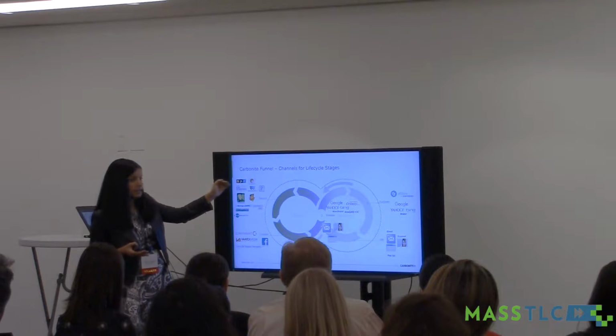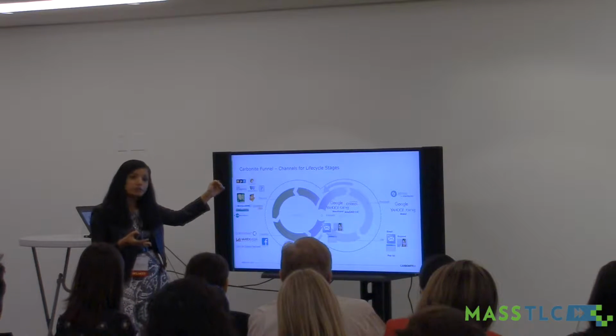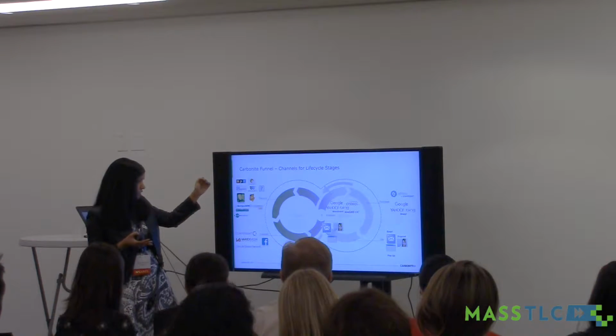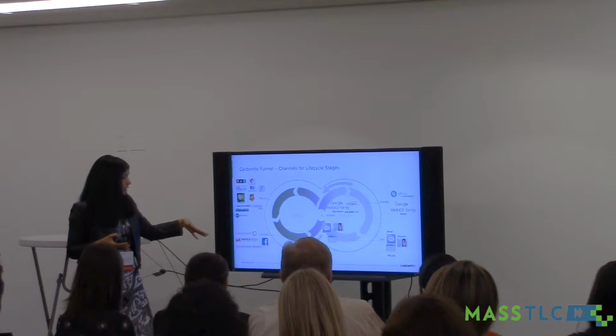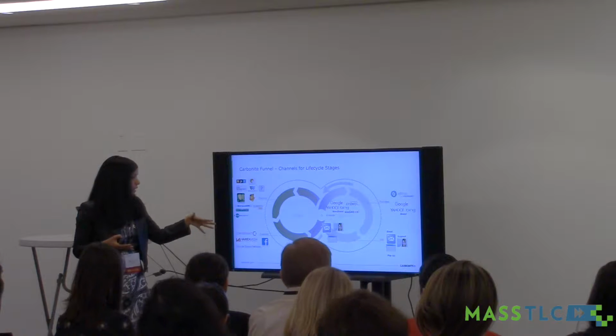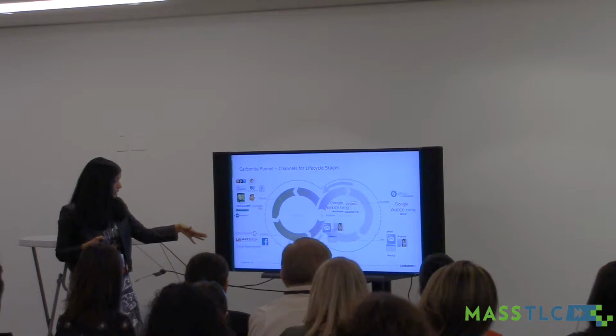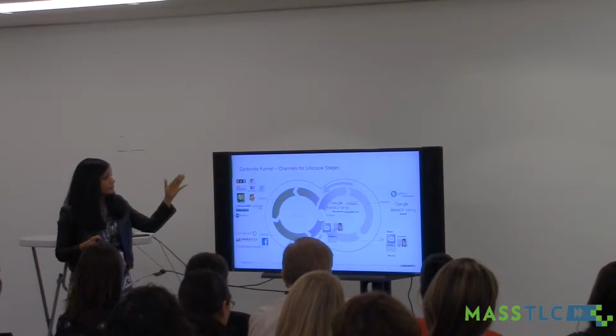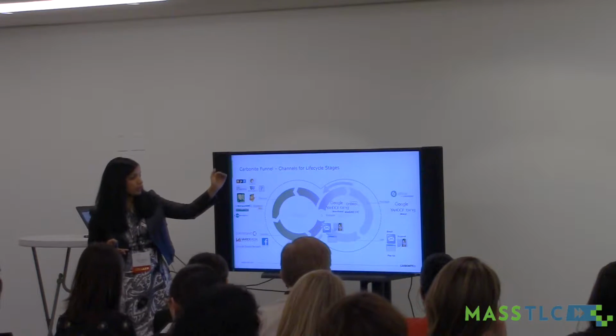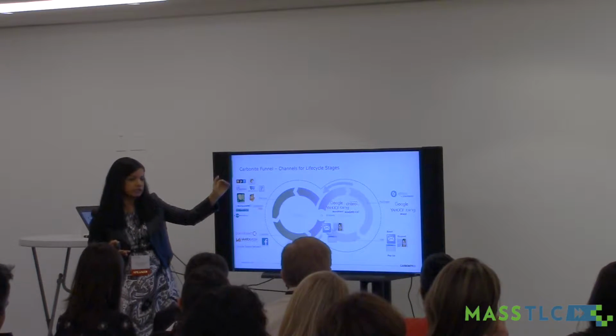That's where we're explaining what backup is and getting people to visit our website. For consider, a lot of display with Google Display Network and paid Facebook ads, and for evaluate, we're doing a lot of non-branded search.